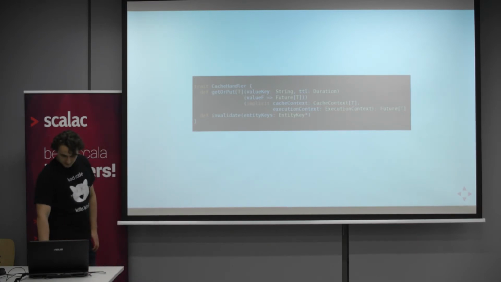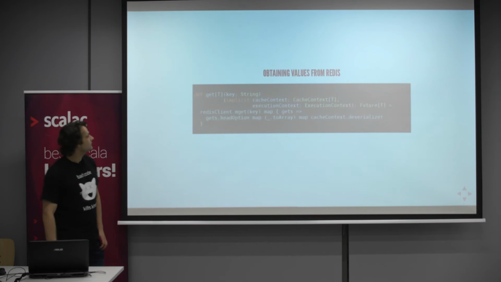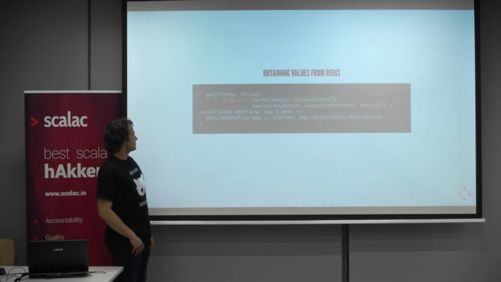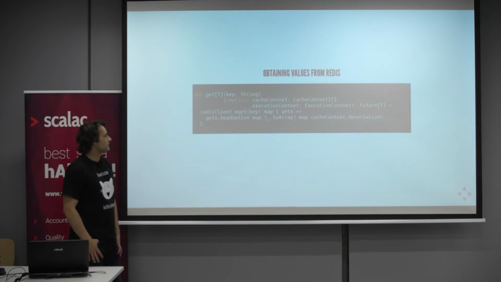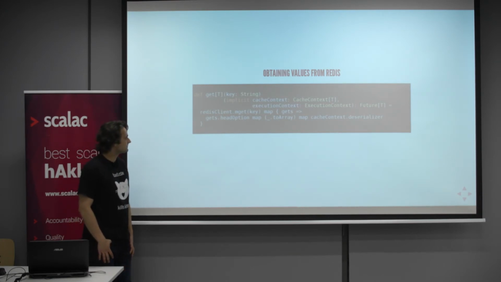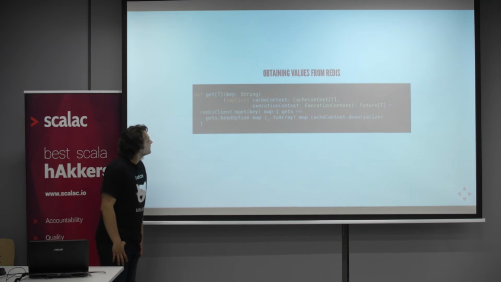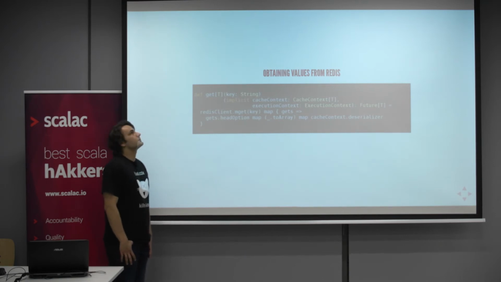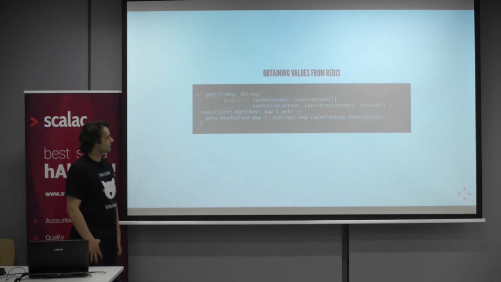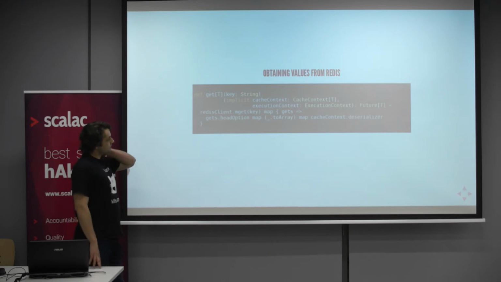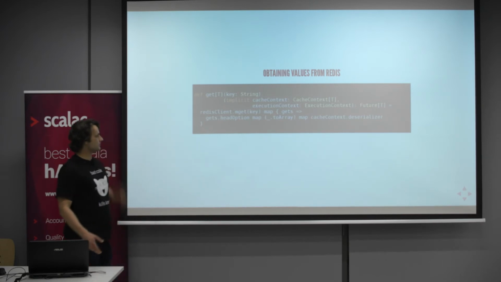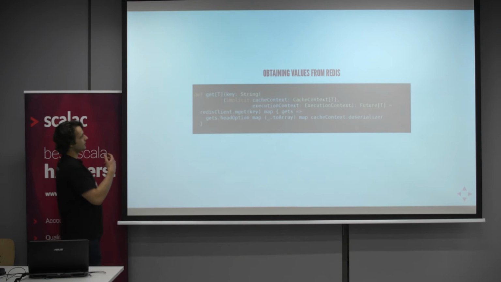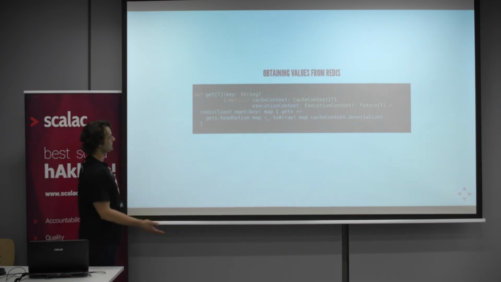So how could we implement that? First, obtaining values from Redis would be pretty simple. We just ask the Redis client for the value under some key, retrieve it. Redis client returns a future option of byte array. We then map the future by obtaining the content.